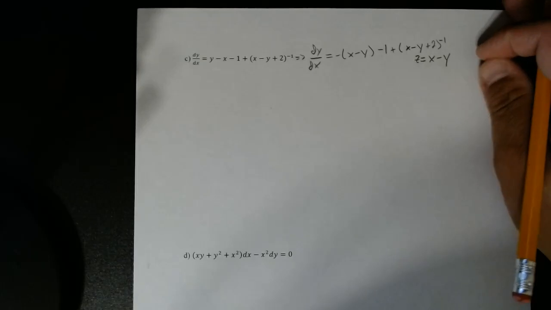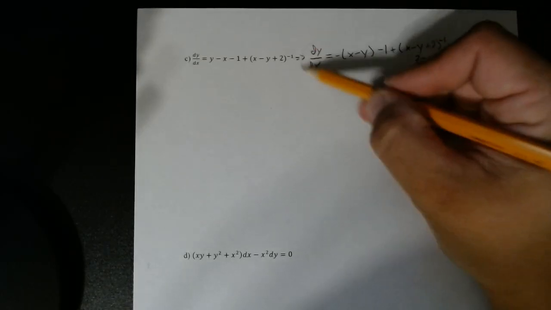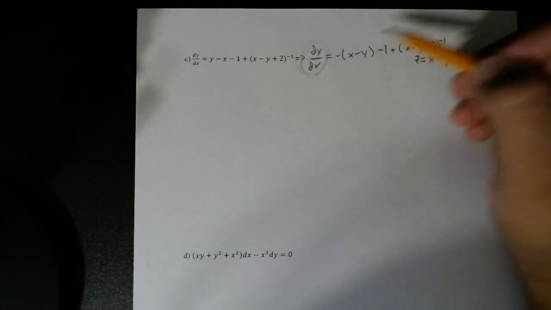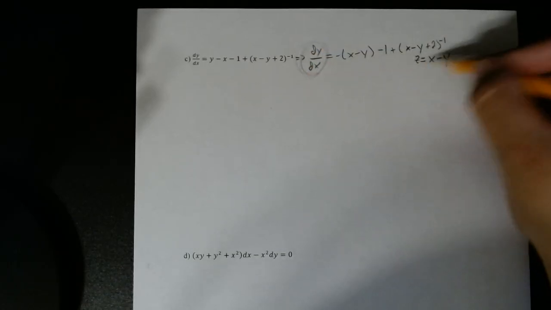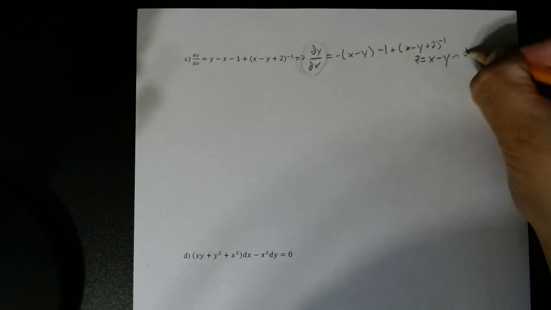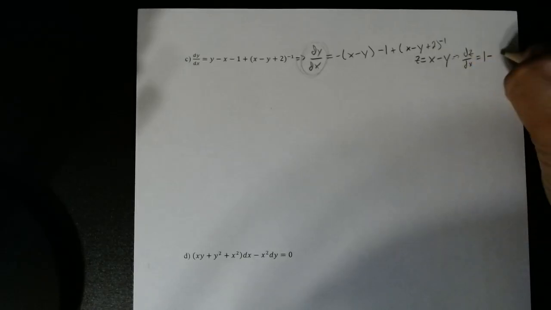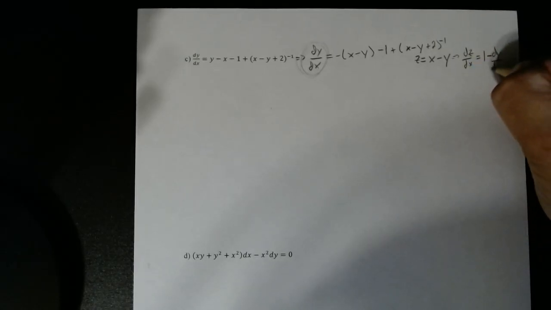Okay. All right, so if I now substitute this into here, just like last time, I've got to rewrite this portion here. So I'm just going to take the derivative of both sides with respect to x. So this ends up being dz dx is equal to 1 minus, this is just 1 times dy dx.